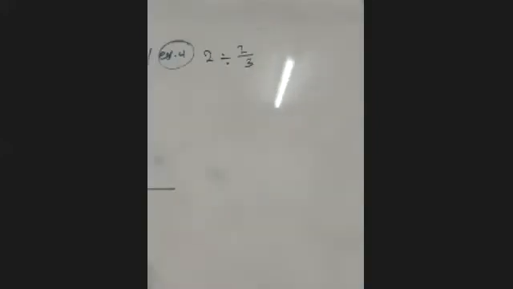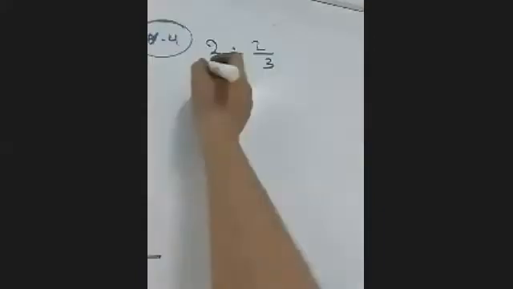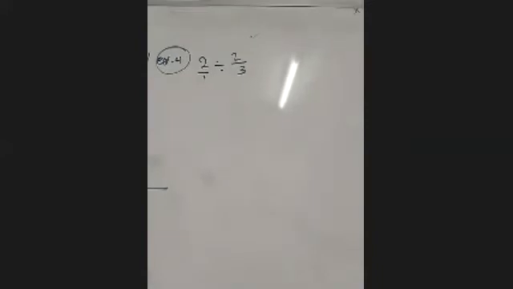What we have in example 4, guys, we are on page 159. Find 2 divided by 2 over 3. 2 divided by 2 over 3. Now the 2 is not a fraction. We can make it a fraction by adding 1 as its denominator.